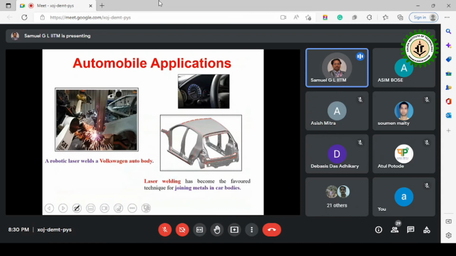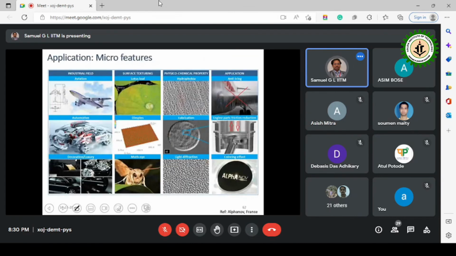And even in the area of automobiles, nowadays we use laser welding. The spot welding and the continuous weldings which are required will be done by using lasers. And not only that, we can see some more interesting types of surfaces which we can produce.